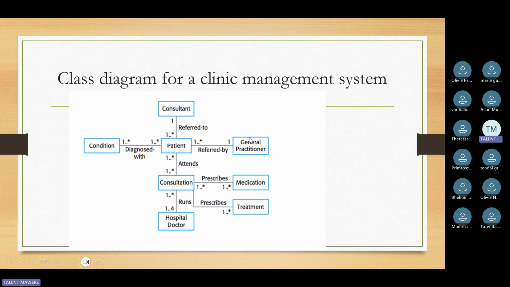Then let me now talk about cardinality. This relationship represents what we call a many-to-one kind of relationship. So many patients are usually referred to one consultant. In a town, for example, in Masvingo, we can have only one pediatrician or something like that.